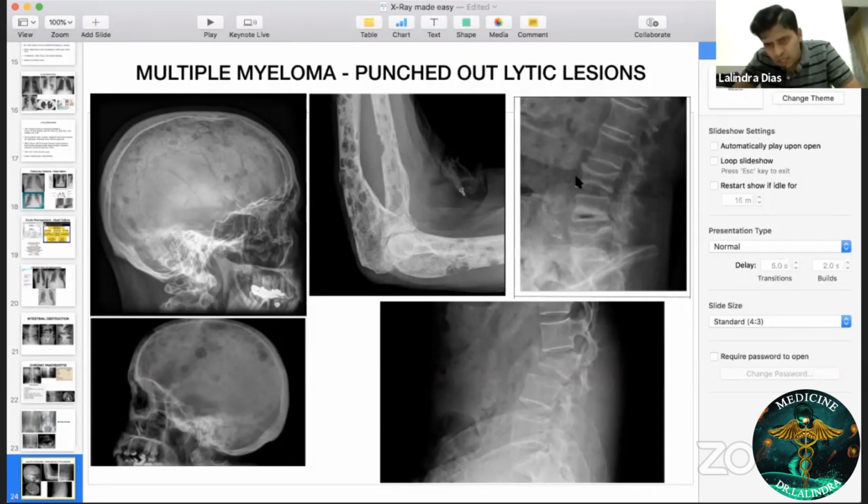And here you have got a fracture of the vertebra. Can you see? Here the vertebra is compressed. Compressed vertebral fractures have a medical term. What is that? Wedge, W-E-D-G-E. It's a wedge fracture of the vertebra.